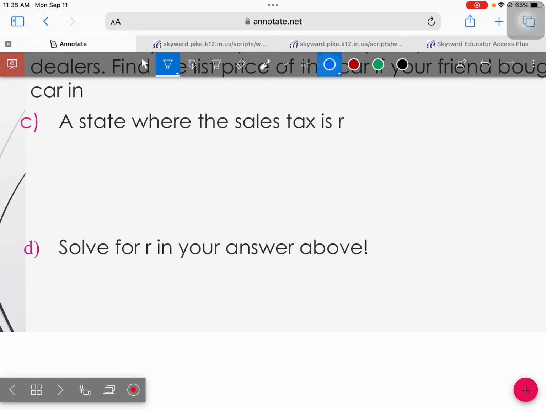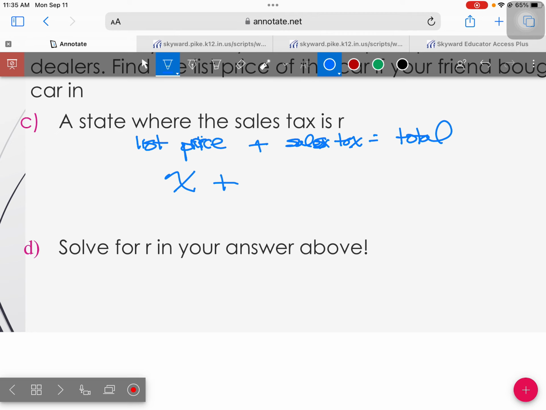No, never give up. It's the same basic premise, right? I need a list price plus the sales tax equals the total cost. What's my list price? X plus.